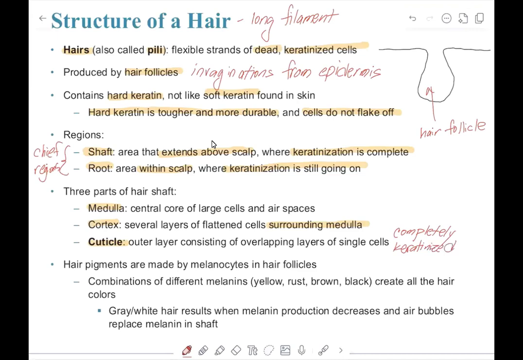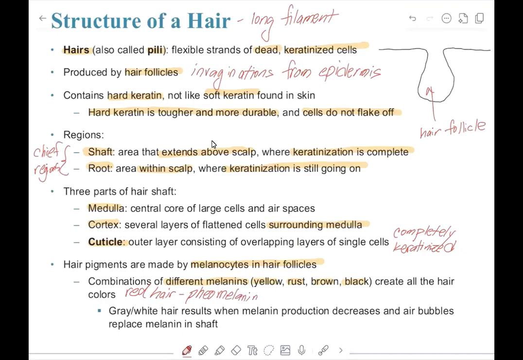The hair pigments are quite interesting. The hair pigments are made by the melanocytes in the hair follicles. And they're a combination of different melanins. So there could be yellow, rust, brown, or black melanins that create all the hair colors. One thing that's interesting is that when somebody has red hair, that's determined by a special pigment called pheomelanin.